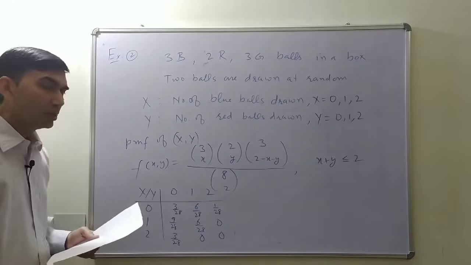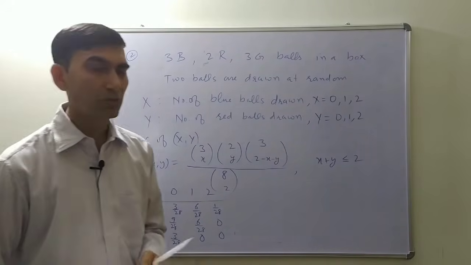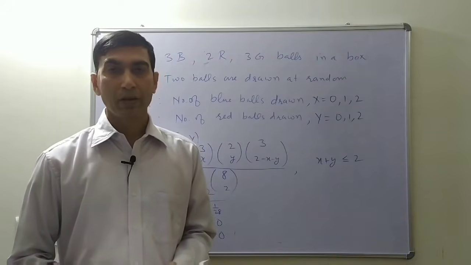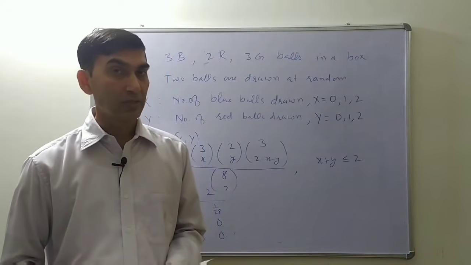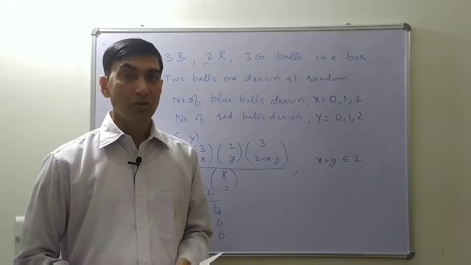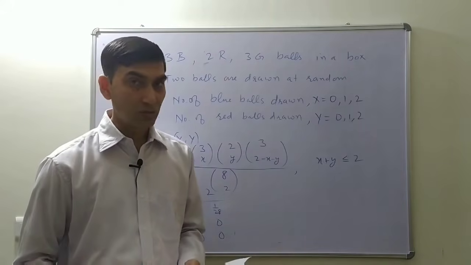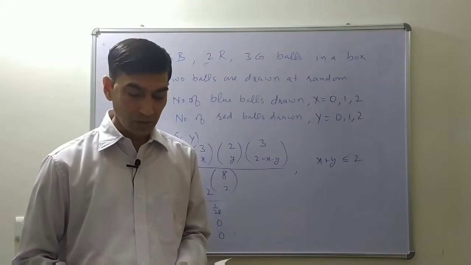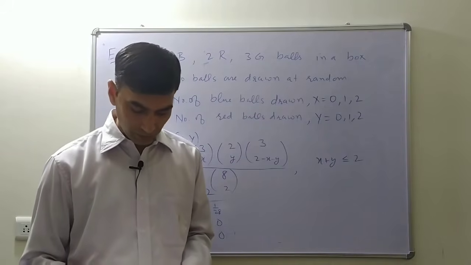Once you have your table, you can do further calculations for marginal PMFs, expectation x, expectation y, and you can calculate covariance. Then you can also see whether the variables are independent or not. Those kinds of questions can easily be answered from the table. Okay.